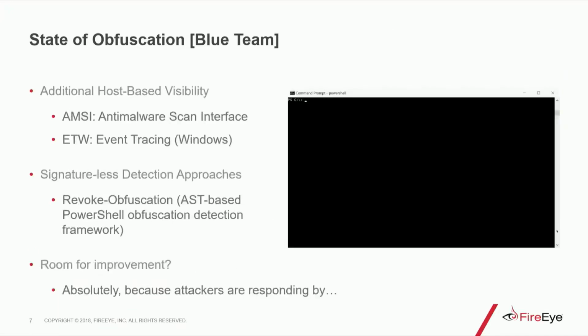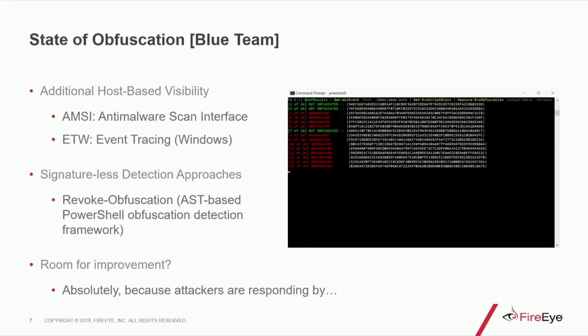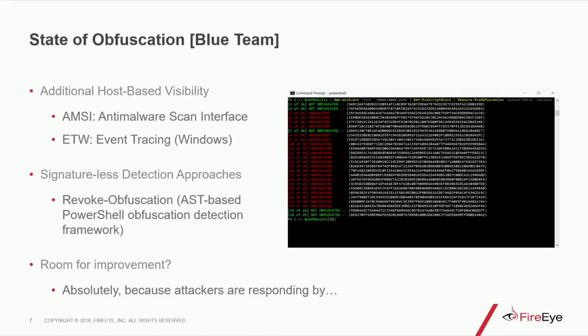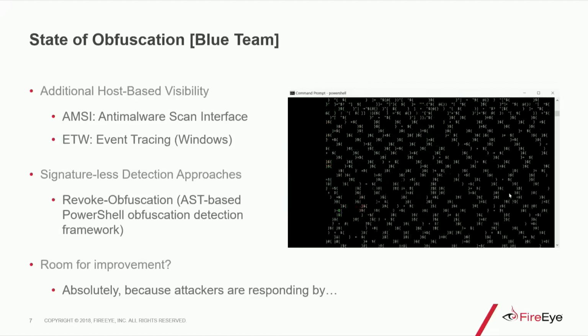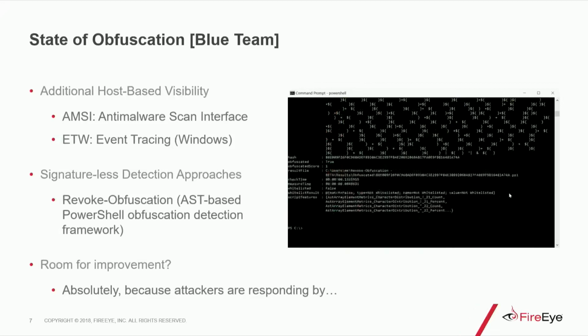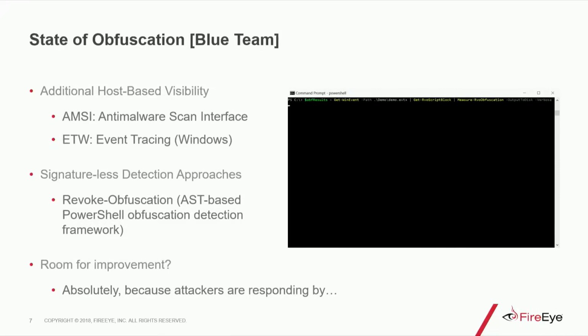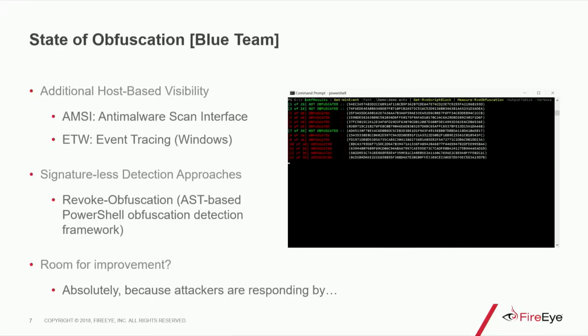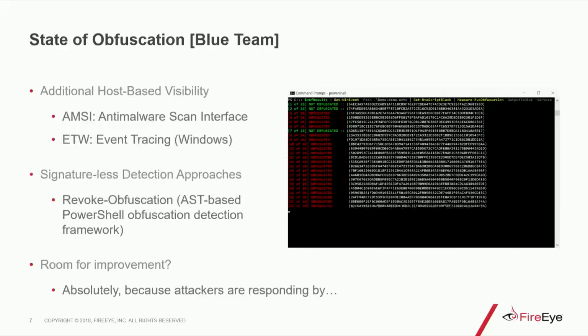Even though I may be biased, I don't really see it slowing down anytime soon because it's just so effective. From a blue team perspective, there have actually been some significant strides in visibility and capabilities over the past several years. Things like Microsoft's Antimalware Scan Interface, or some things that have been around forever, like Event Tracing for Windows, that as the defensive community, we've started to embrace more and use for better visibility. And then also some more signatureless detection approaches using different data science techniques.